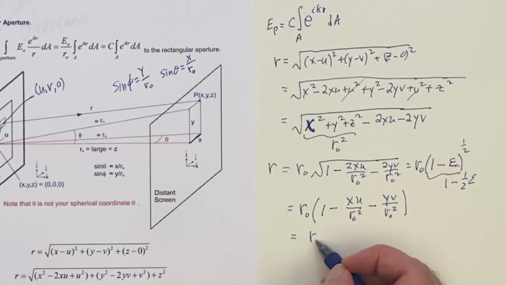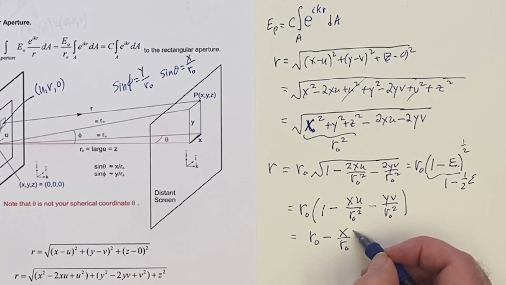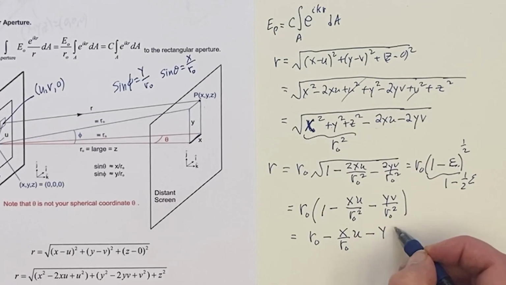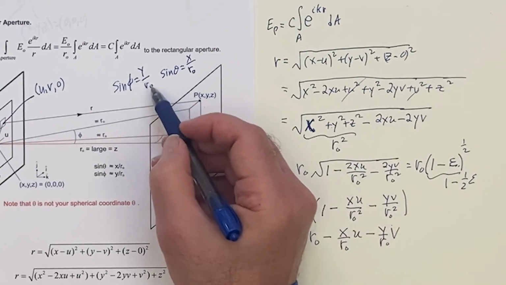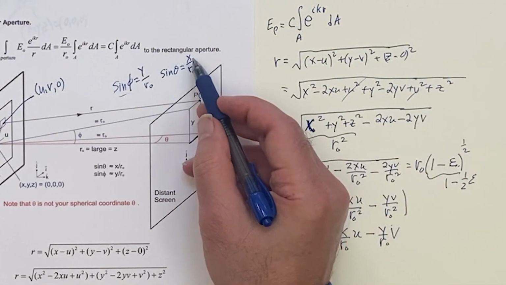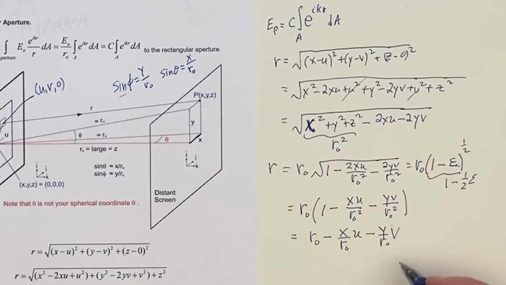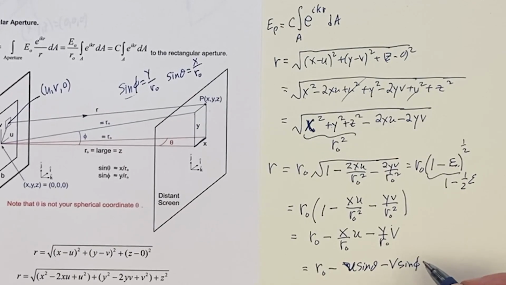And this is going to be r naught minus x over r naught u minus y over r naught v. And guess what? Y over r naught is the sine of phi, and x over r naught is the sine of theta. So this is r naught minus u sine theta minus v sine of phi. No surprise, because we've seen that before.